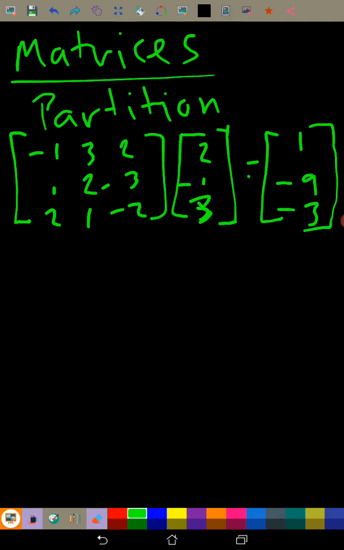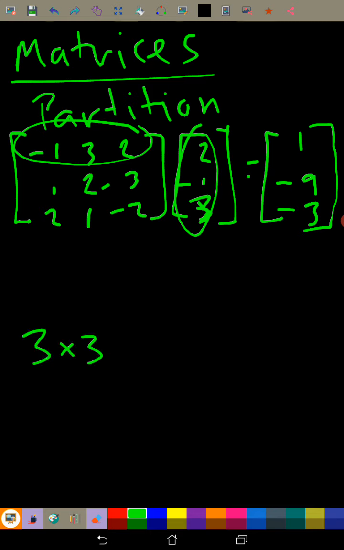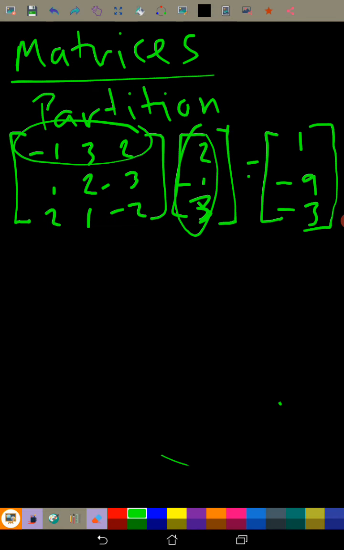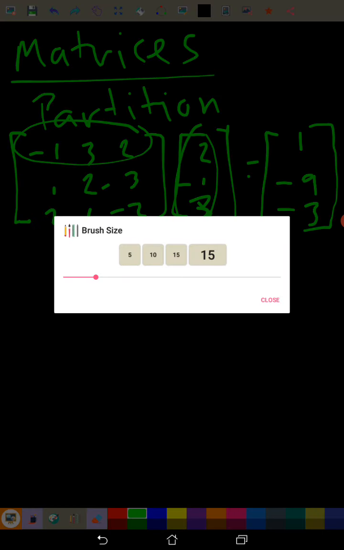So what we do, usually we take this, we multiply by this. This is a 3 times 3, and then we have a 3 times 1. We get a 3 times 1. You agree?